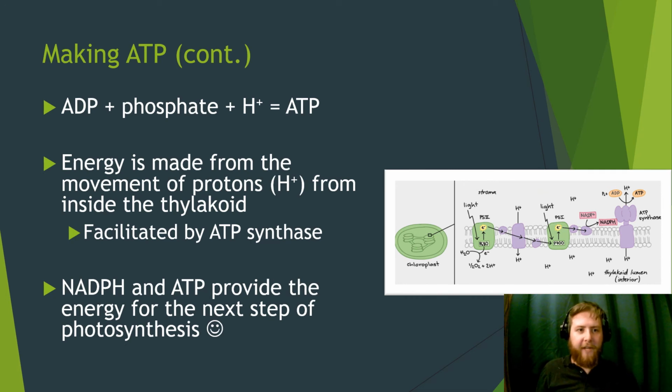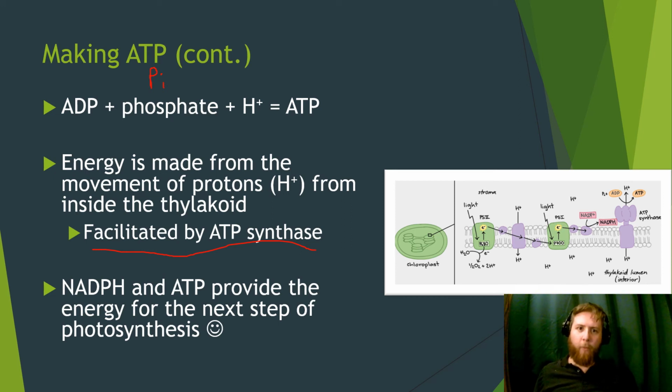We're taking ADP plus an inorganic phosphate, which you'll sometimes see written Pi, plus a hydrogen from the inside of the thylakoid to make ATP. This energy is created from these protons moving across the thylakoid membrane with their concentration gradient, and it's facilitated by ATP synthase.